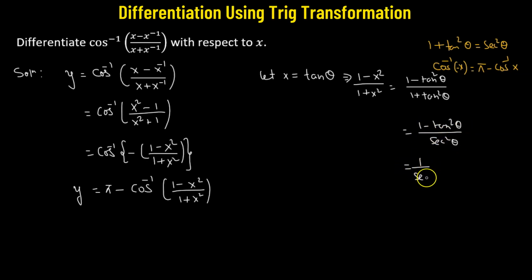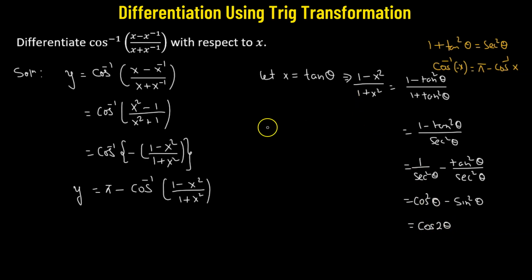So we have 1 over secant squared theta minus tangent squared theta divided by secant squared theta. The 1 over secant squared theta gives us cosine squared theta, and tangent squared theta divided by secant squared theta is sine squared theta. Cosine squared theta minus sine squared theta is another trig identity, which is cosine of 2 theta.